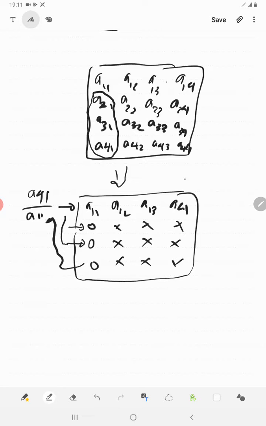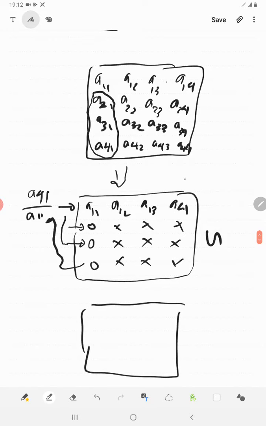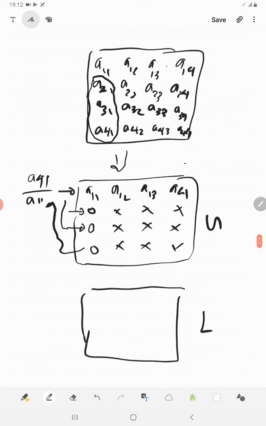Now, if we do this, that's the first step, we come to the lower part. This is the upper, this is the lower. Originally this lower has 1, 1, 1, 1 on the diagonal, and 0 elsewhere.